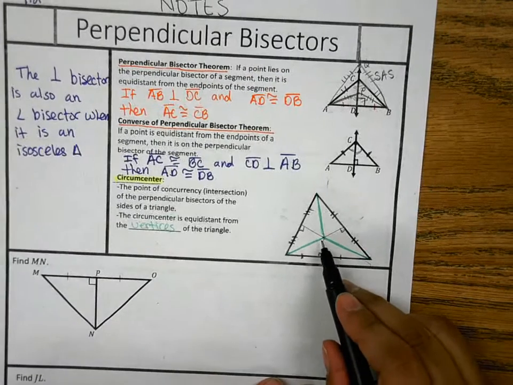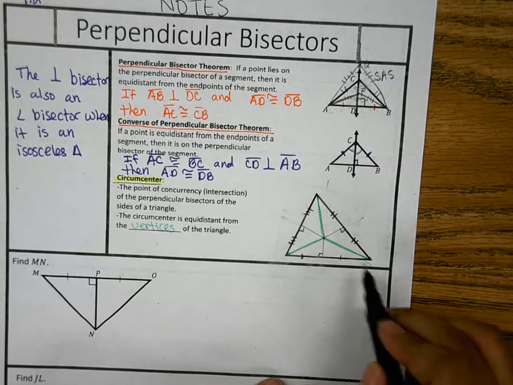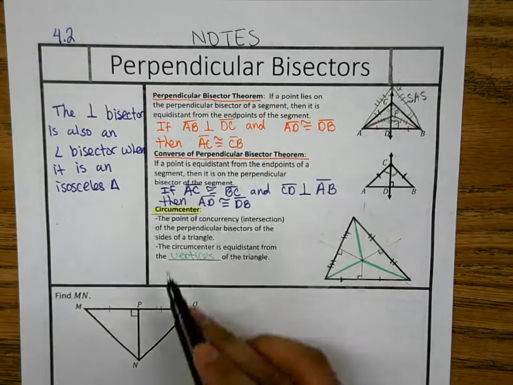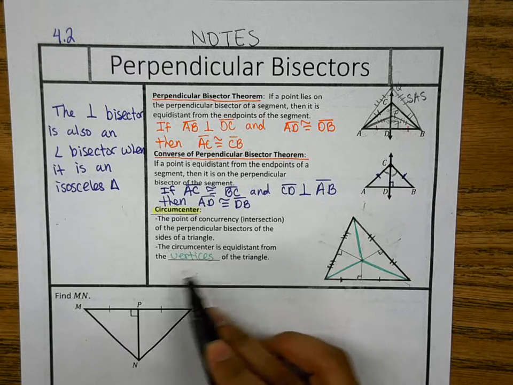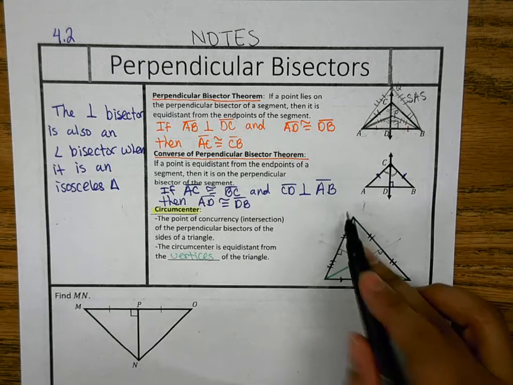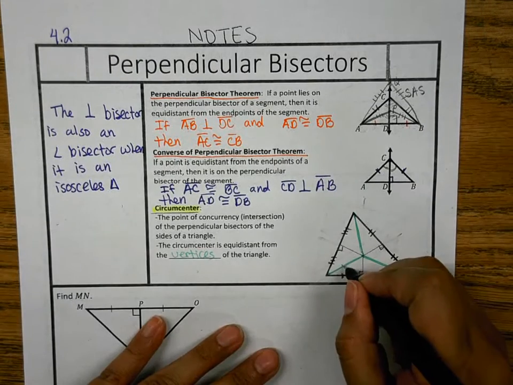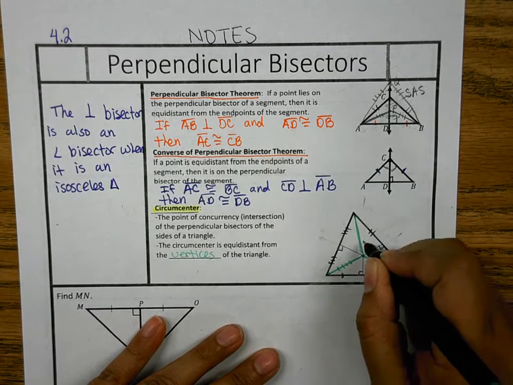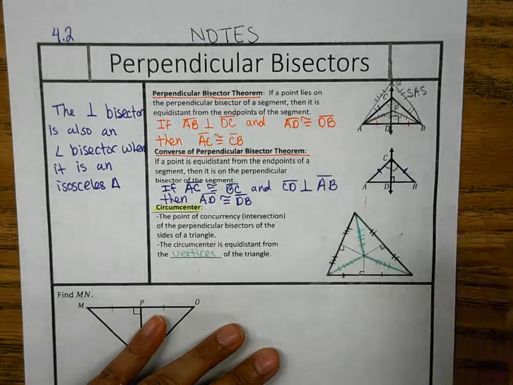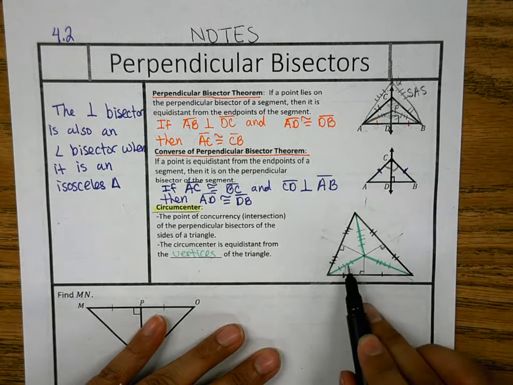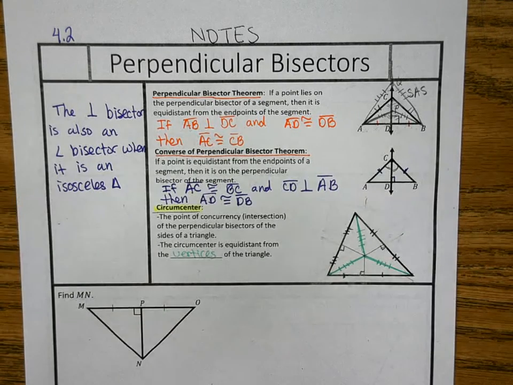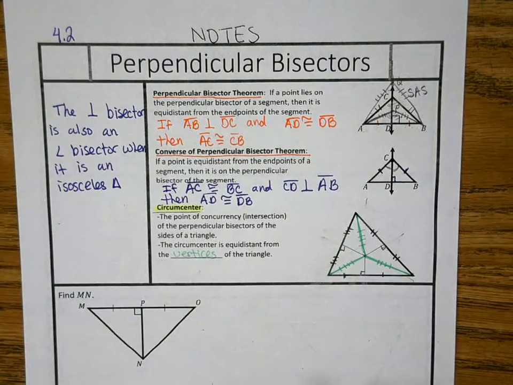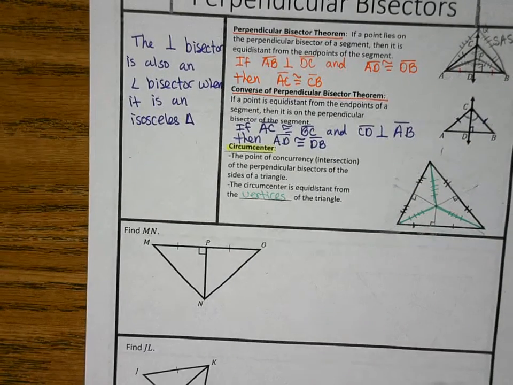So it's the point from the circumcenter, that point there where they all intersected, out to each corner of your triangle. The circumcenter is equidistant from the vertices of the triangle. So that means this is congruent to this segment and this segment. 1, 2, 3. Those 3 segments are congruent to each other.